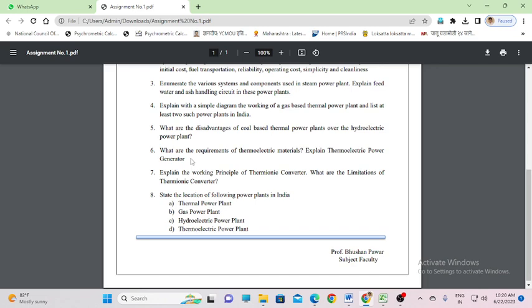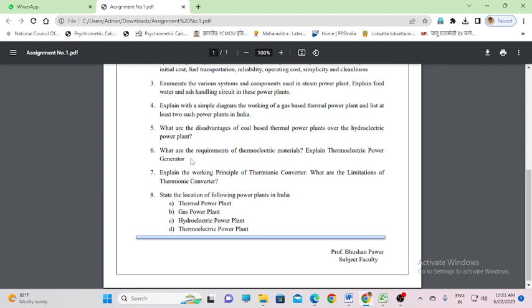Write point-wise a minimum of 6 requirements for a thermoelectric material for generation of electricity. In the sub question, explain the thermoelectric power generator. Draw a working principle diagram of the thermoelectric power generator and explain the working.